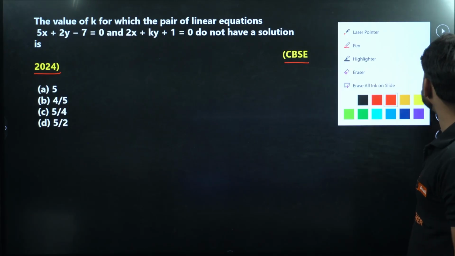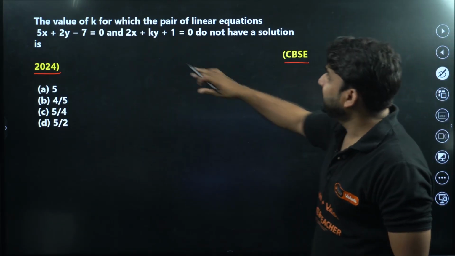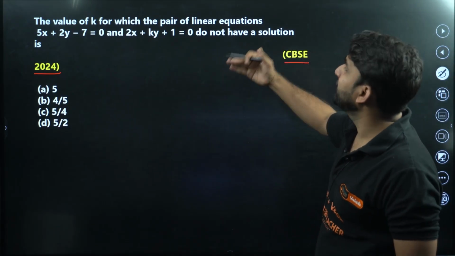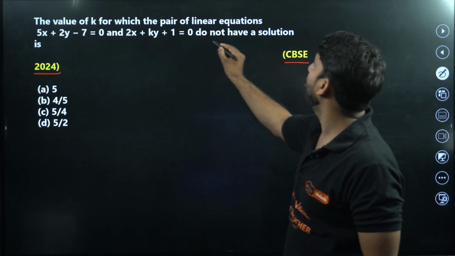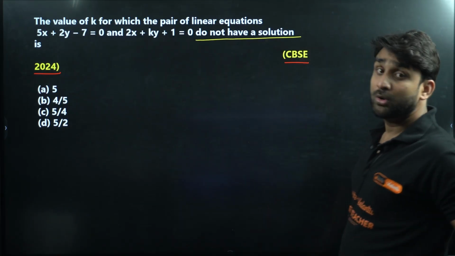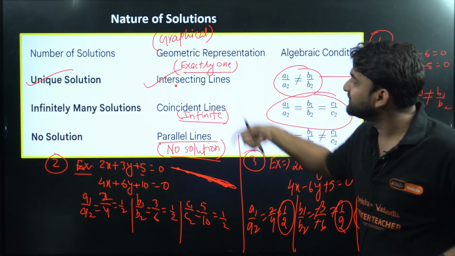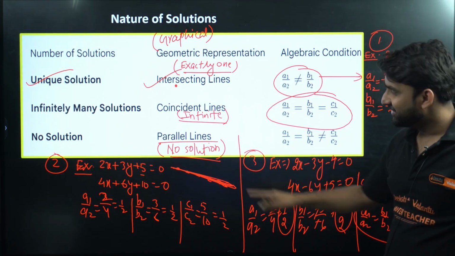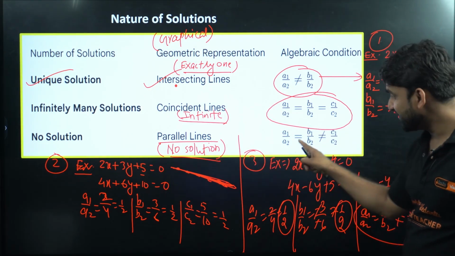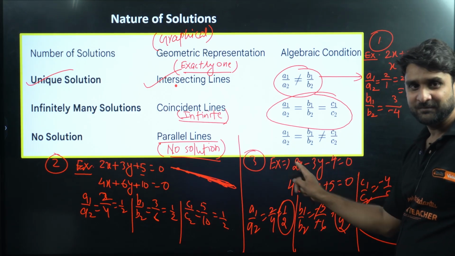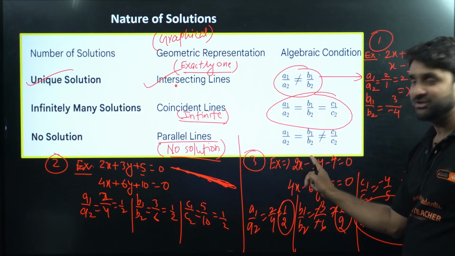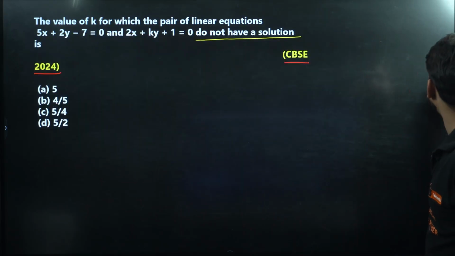Okay, the question is, take the value of k for which the pair of linear equations does not have a solution. No solution. And what is the criterion for no solution? For no solution, this condition should be fulfilled. So let's find A1 by A2.